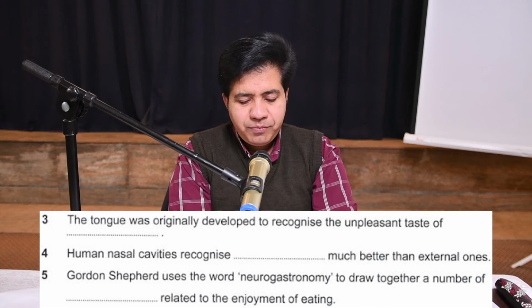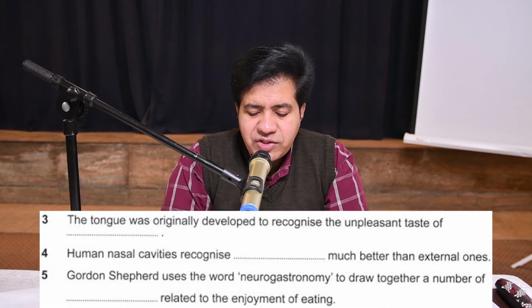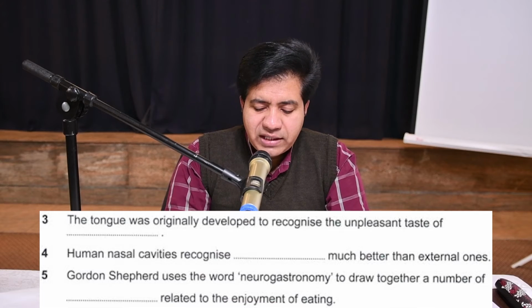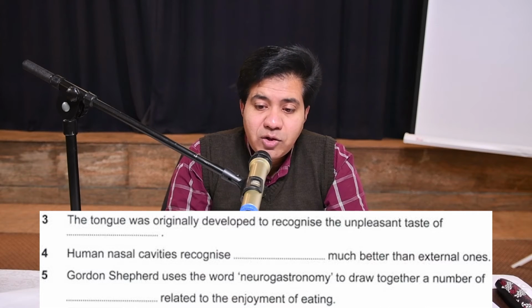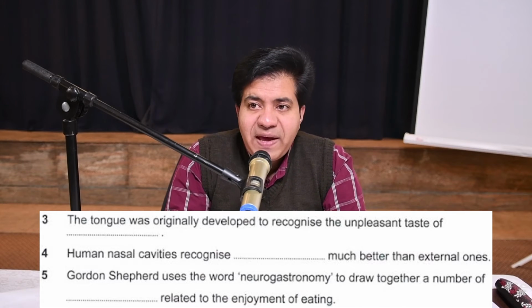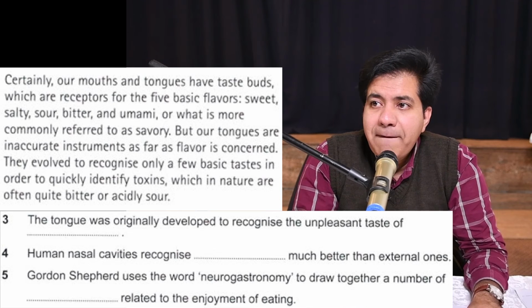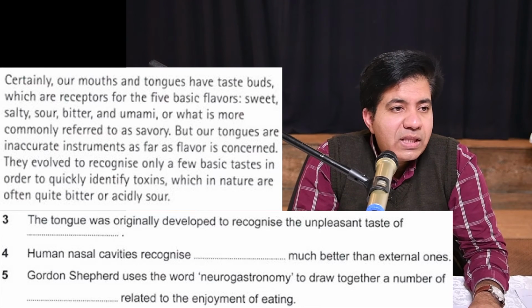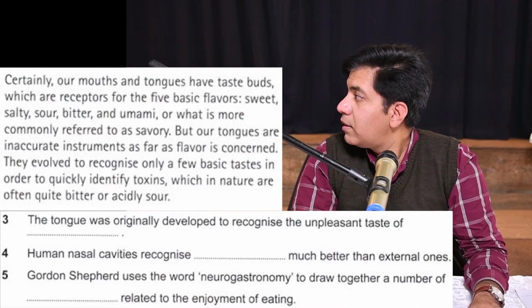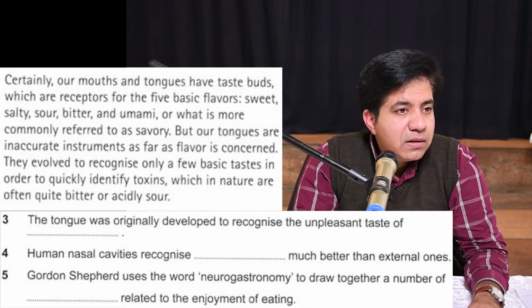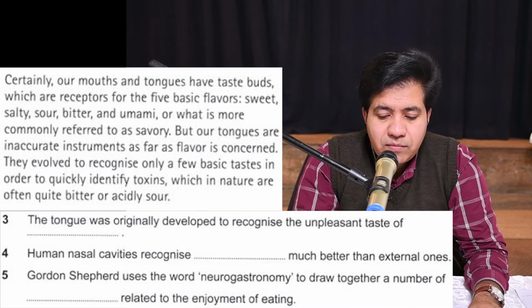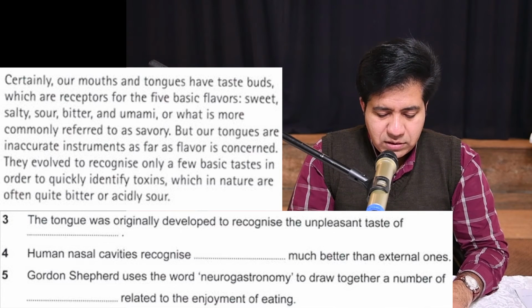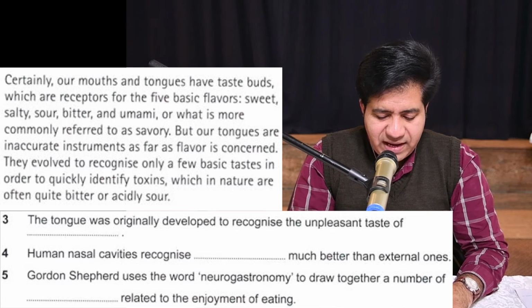Question number 3, the tongue was originally developed to recognize the unpleasant taste of dash. Unpleasant taste, tongue, the clue word is tongue. Same paragraph, second paragraph. Tongue was originally developed.